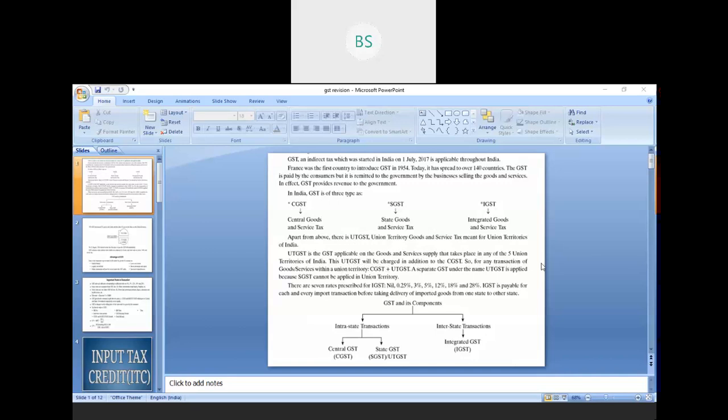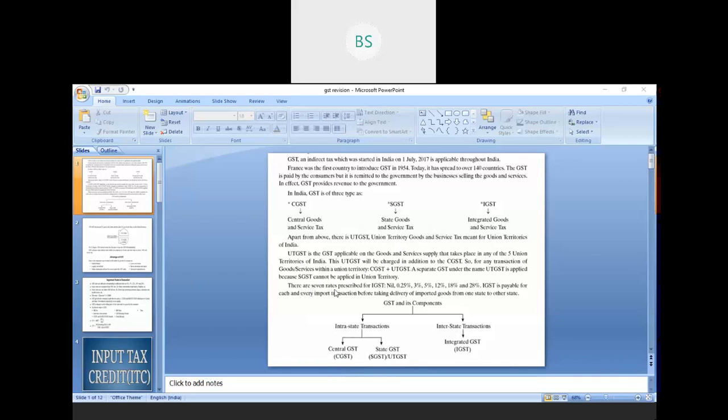For any transaction of goods and services within a union territory, both can be added. We know that there is intrastate and interstate. When there is an intrastate transaction, CGST and SGST is applicable. In the same way, for a union territory, CGST and UTGST is applicable.